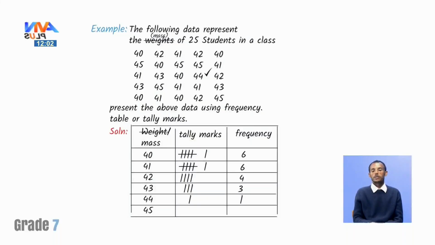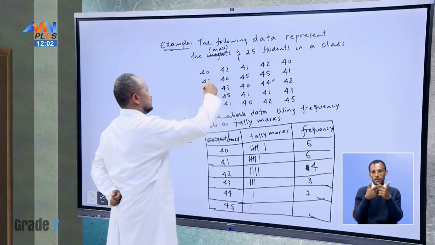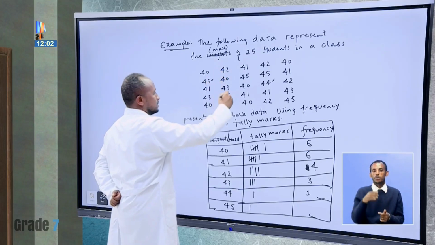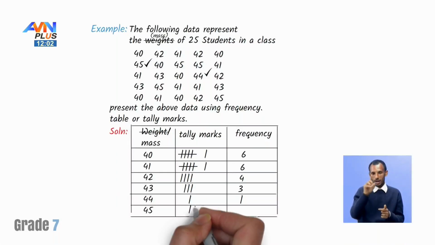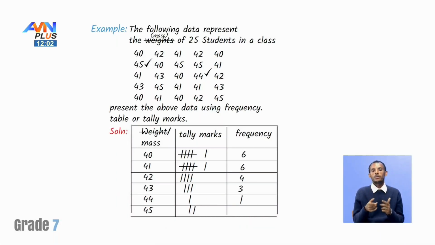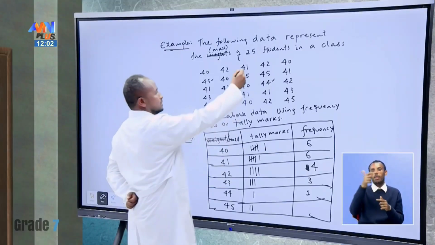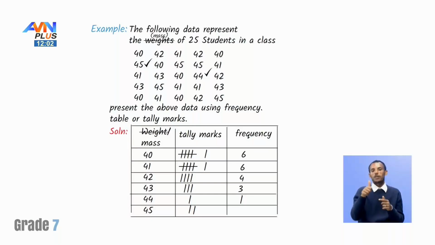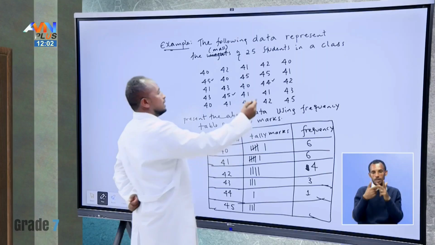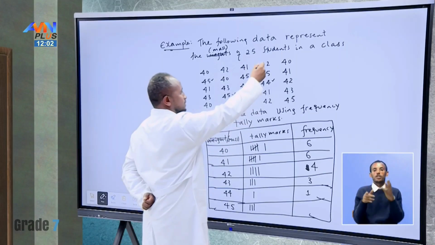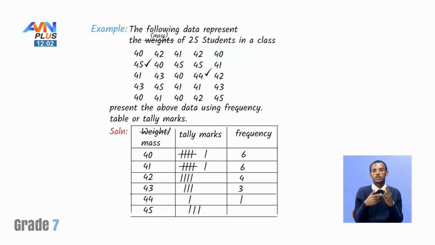45 in this column, and 45 happens once. Here, there is 45. So again, let me put another tally mark here. There is also another 45 in the third column, and in the third column there is 45 here.